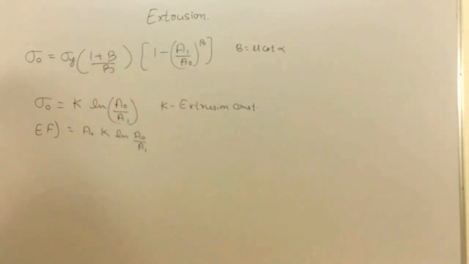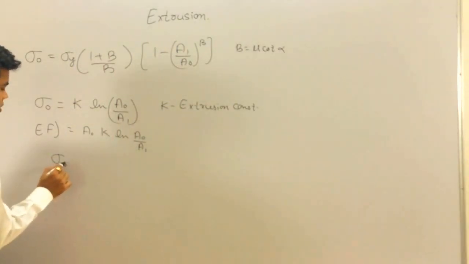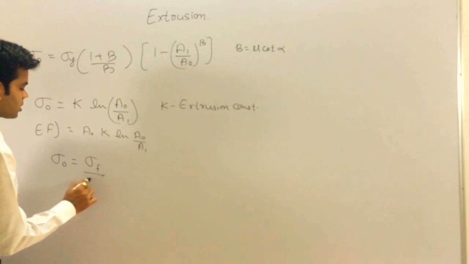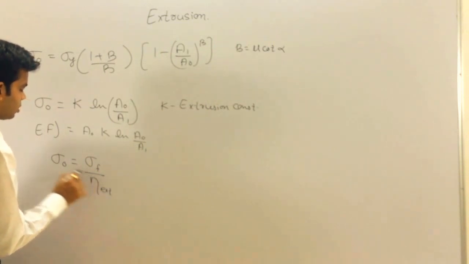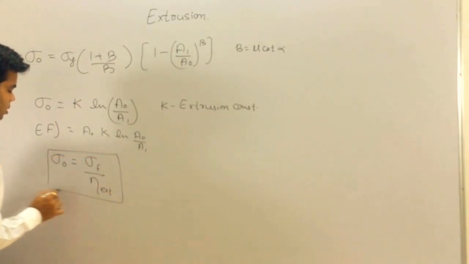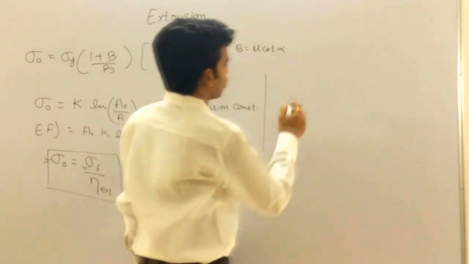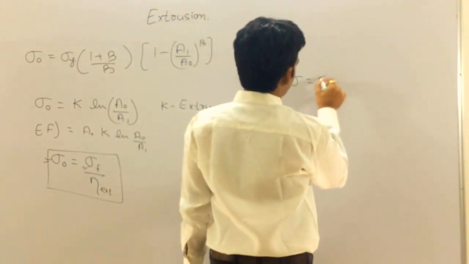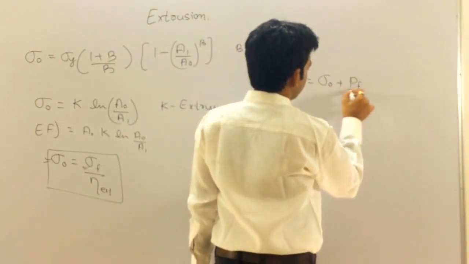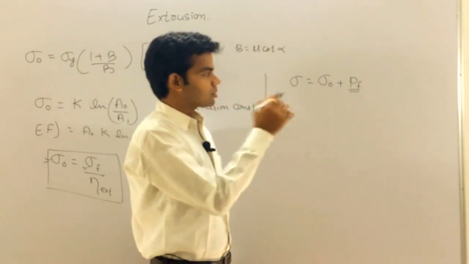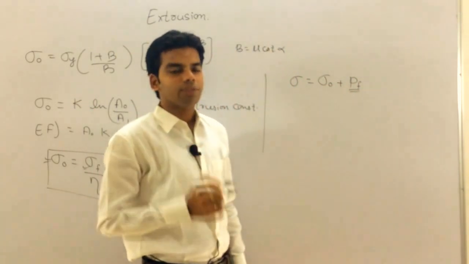Okay. Another form, this sigma naught is equal to flow stress upon extrusion efficiency. So if extrusion efficiency is given, when we have the value of flow stress, we can get the value of sigma naught as well. Next, in forward extrusion, this sigma is equal to sigma naught plus Pf, where Pf is the force or pressure required in overcoming frictional force.